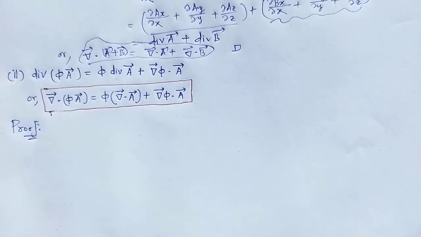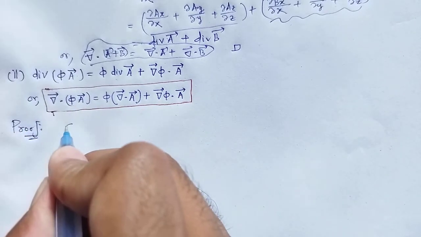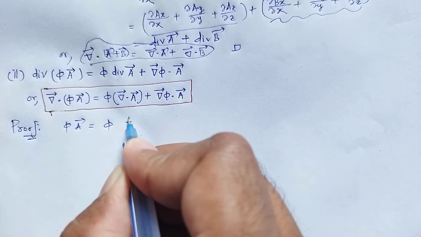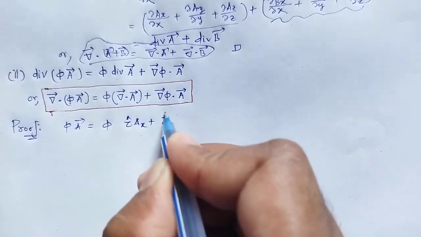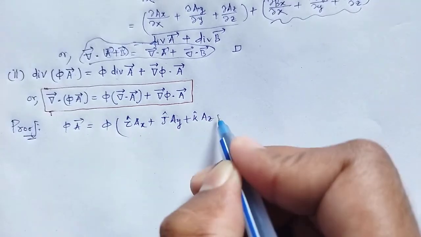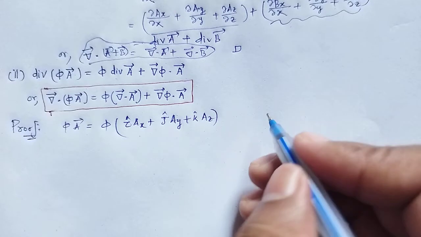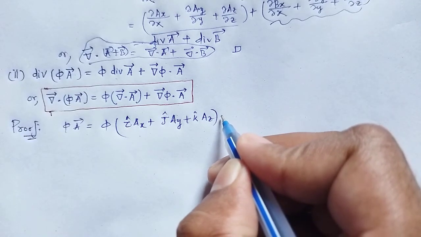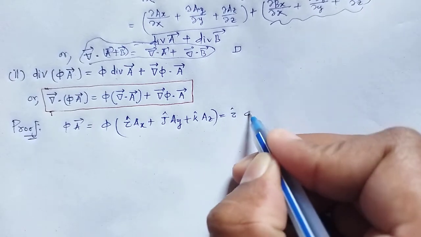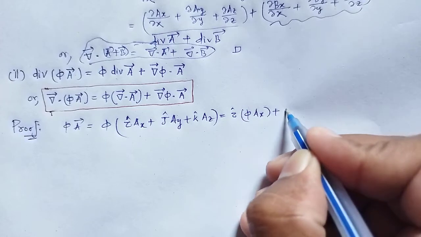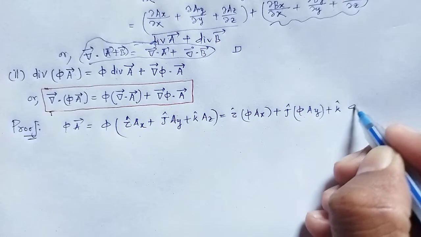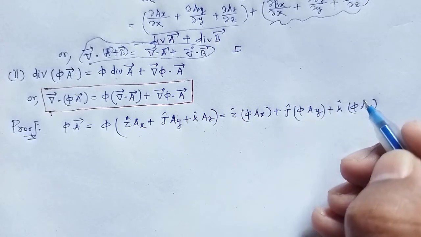Now we prove it. Phi a vector, writing a vector as i cap ax, j cap ay plus k cap az, is equal to i cap phi ax, j cap phi ay plus k cap phi az.